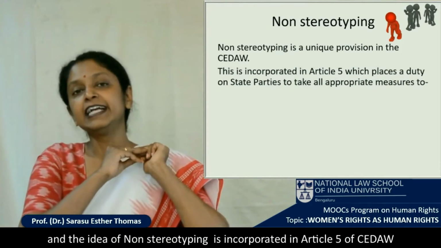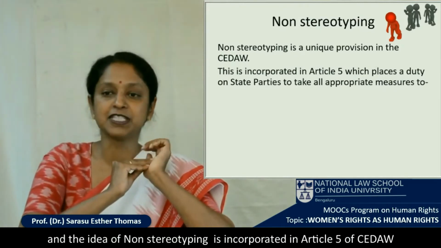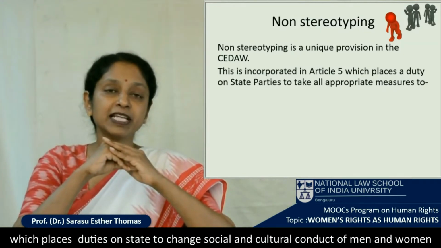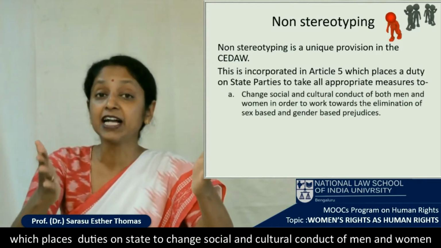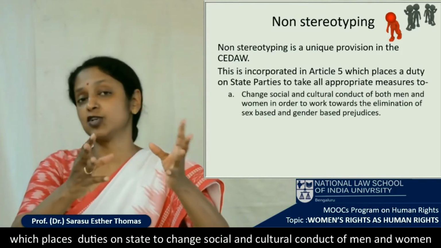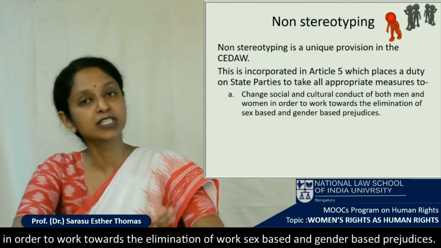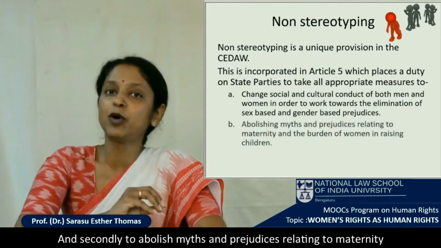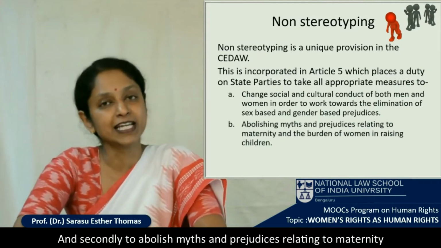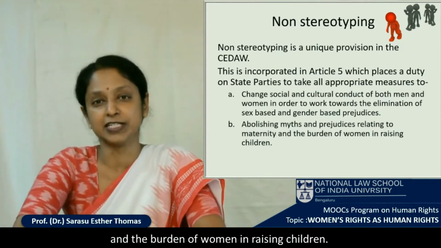And the idea of non-stereotyping is incorporated in Article 5 of CEDAW, which places duties on states to change the social and cultural conduct of men and women in order to work towards elimination of both sex-based and gender-based prejudices. And secondly, to abolish myths and prejudices relating to maternity and burden of women in raising children.